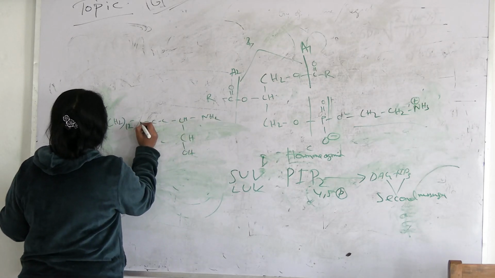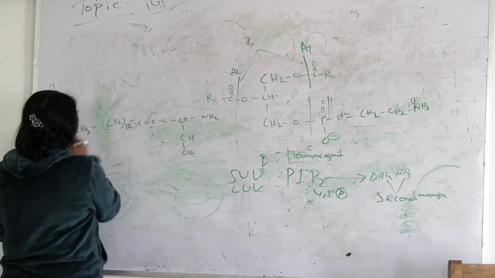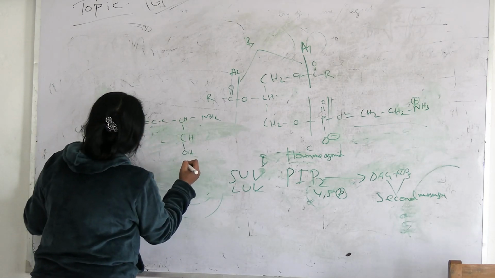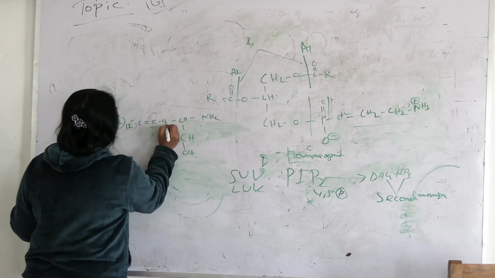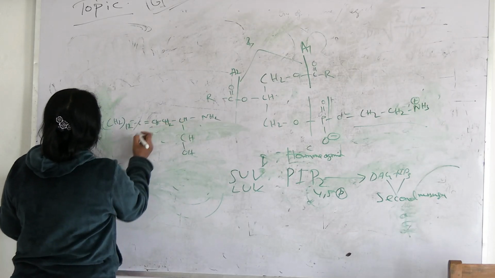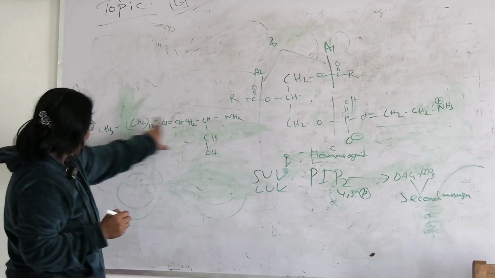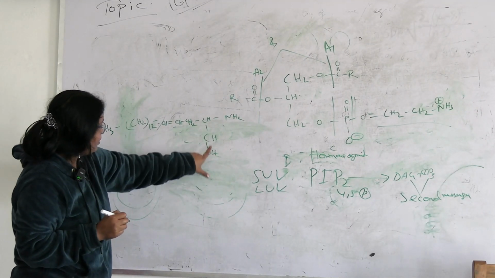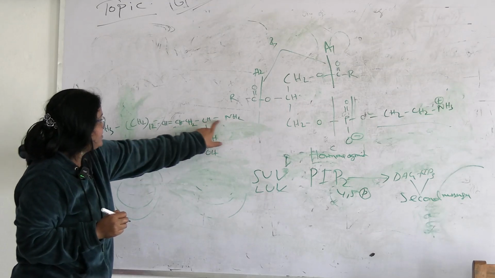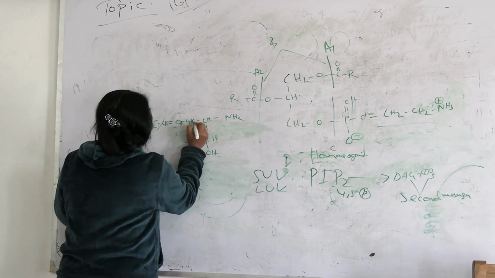There is a double bond at 4 and 5. Here, at position 2 is the amino group and position 1 is the alcohol, CHOH.